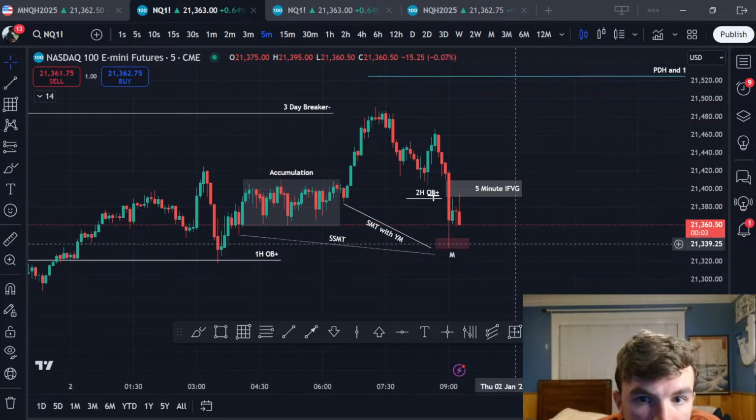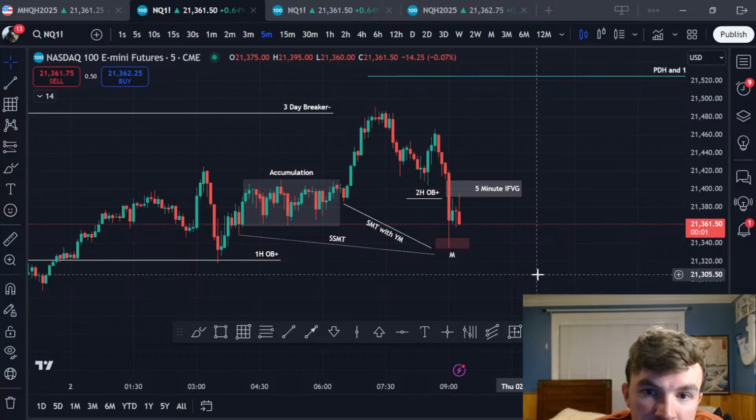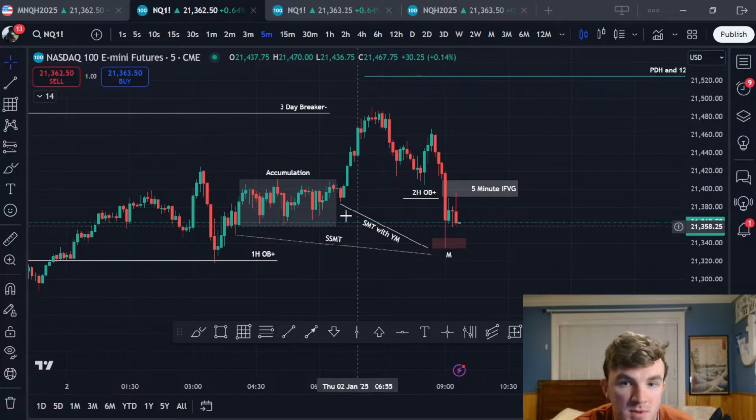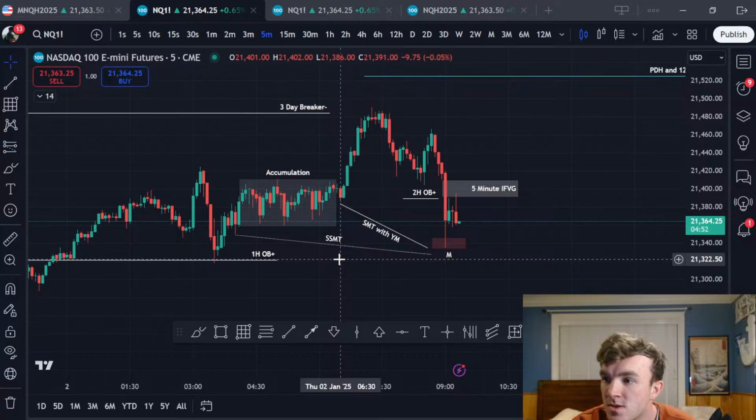So it's possible that, yeah, we'll see. I was going to say it's possible that maybe we continue lower here, but we'll just have to see.